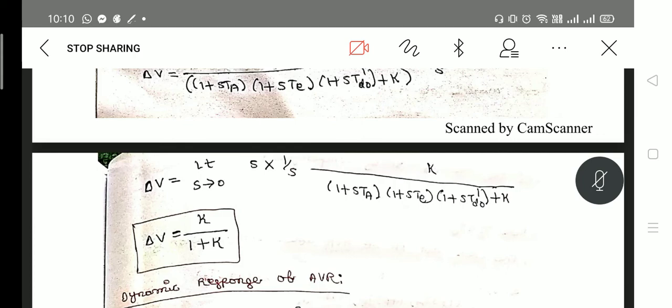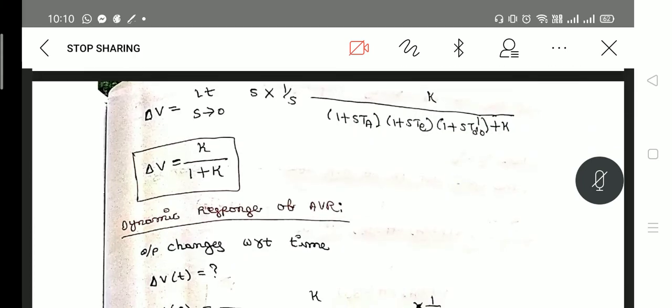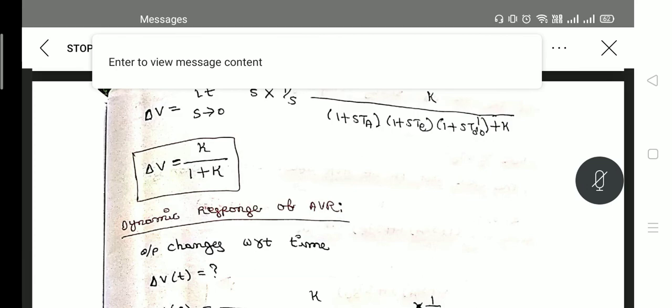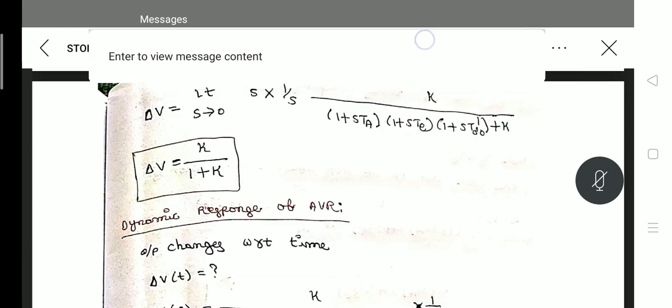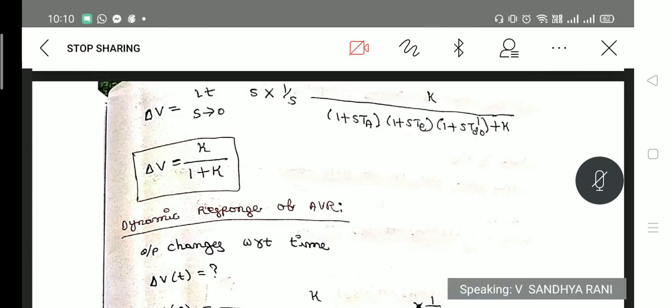Okay. Next, the dynamic response of the automatic voltage regulator. We can calculate it in terms of time. Then we will get the dynamic response, that is delta V of t.